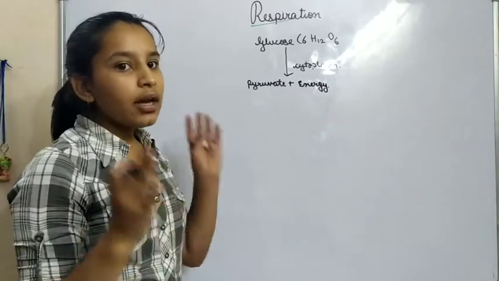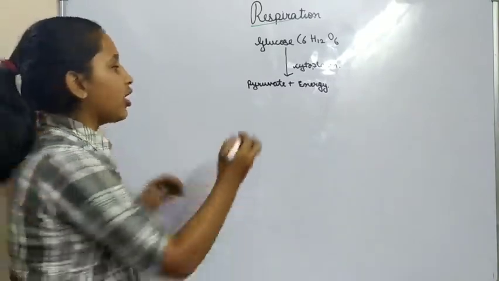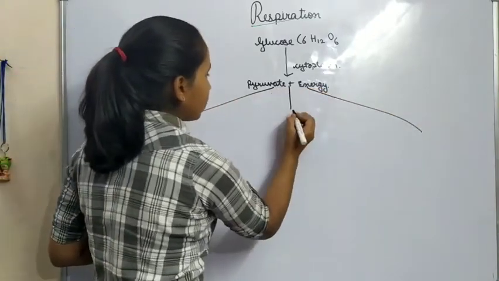Now we will see what happens in aerobic and anaerobic respiration. We can make a table-like structure here.